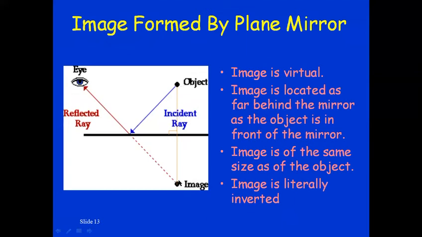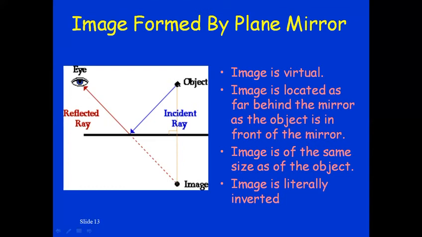We can locate the image with the help of a single ray as well. If the object is given to us and we have been asked to locate the image, then we can just draw a perpendicular line making an angle of 90 degrees with the surface, at equal distance. The distance of the object from the mirror, at the same distance from the mirror, the image will be located in a straight line. Draw a perpendicular line with equal distances on both sides of the mirror.